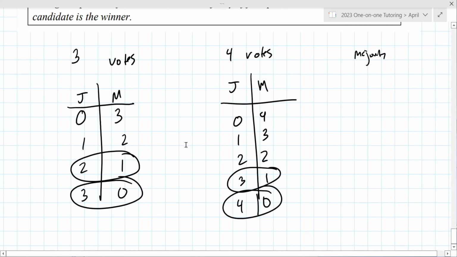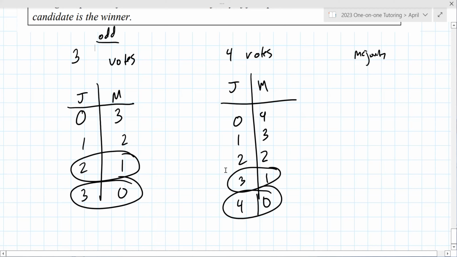So notice we can't tie, and you have to have more than whoever else you're competing against. In the odd example, it's like cutting this number in half, which would be 1.5, but you've got to go up from there. If you cut 4 in half, 2, you have to go up from that to get to 3.